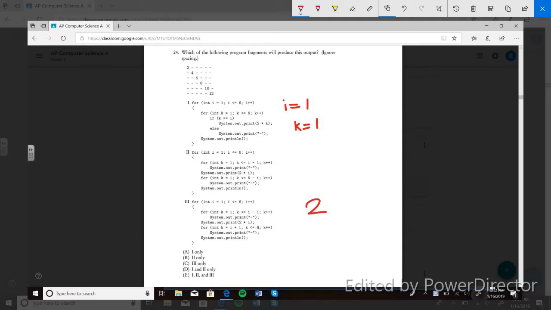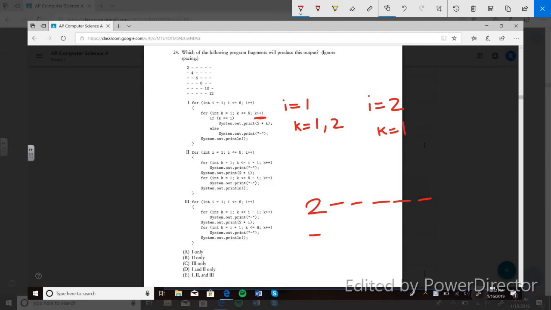After this, you would go back to the k, and it would have a value of 2. So when it has a value of 2, it doesn't equal 1. So you would print out the dash. And you can assume that it won't equal 1 anymore because it increments, so it's going to keep increasing. So then the next one, i equals 2, and k equals 1.